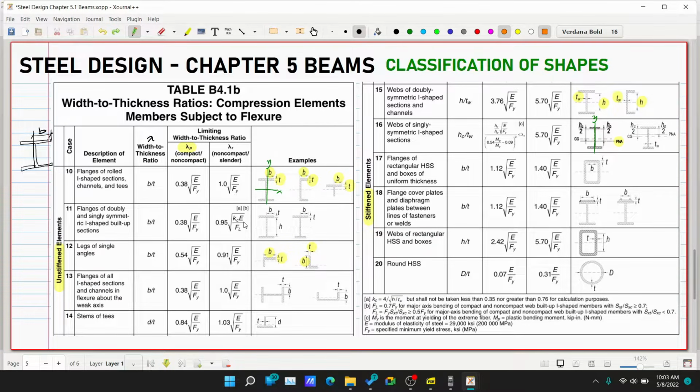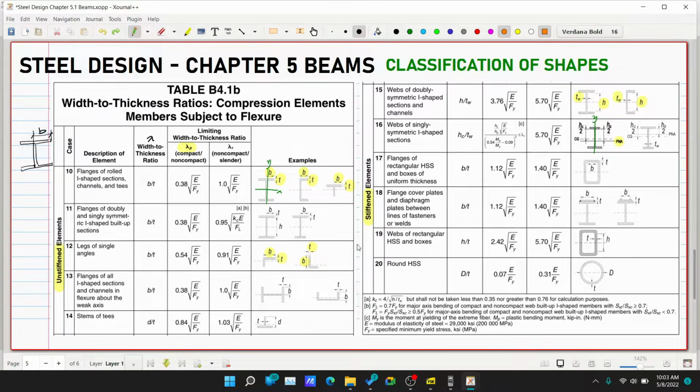It is non-compact only if it is less than our lambda r, which is why the table says lambda r determines non-compact or slender. Since we are greater than lambda p but less than lambda r, our section is non-compact.